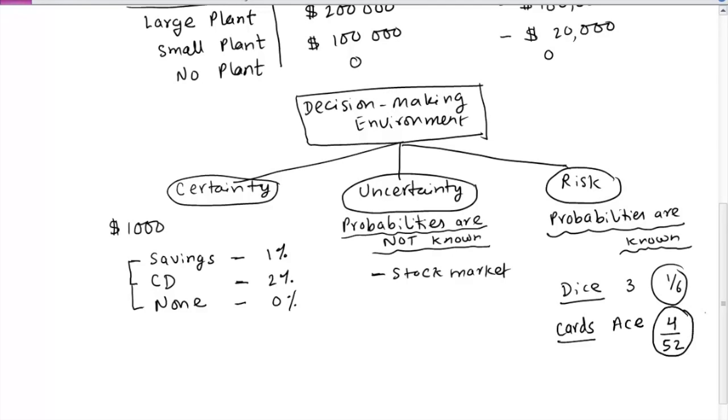So in these two examples, you can see that the probabilities are known. We know the probability of getting a certain outcome. These types of situations are called decision making under risk. In this chapter, we'll cover uncertainty and risk situations.